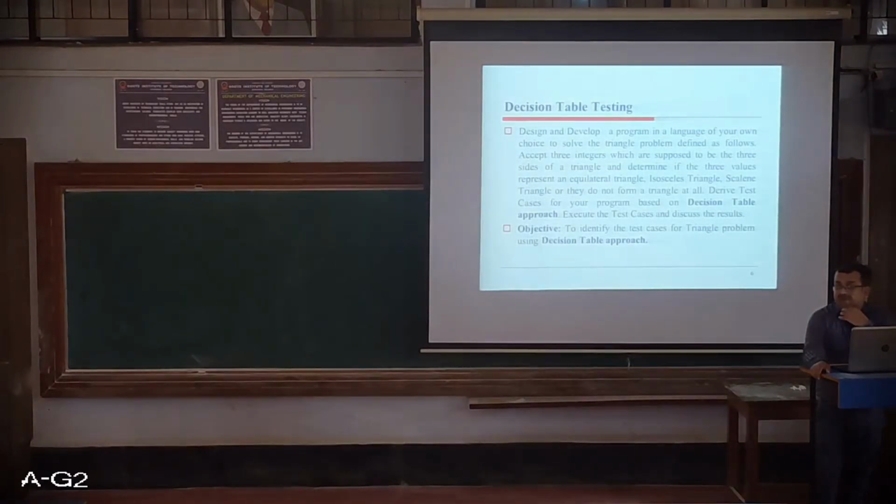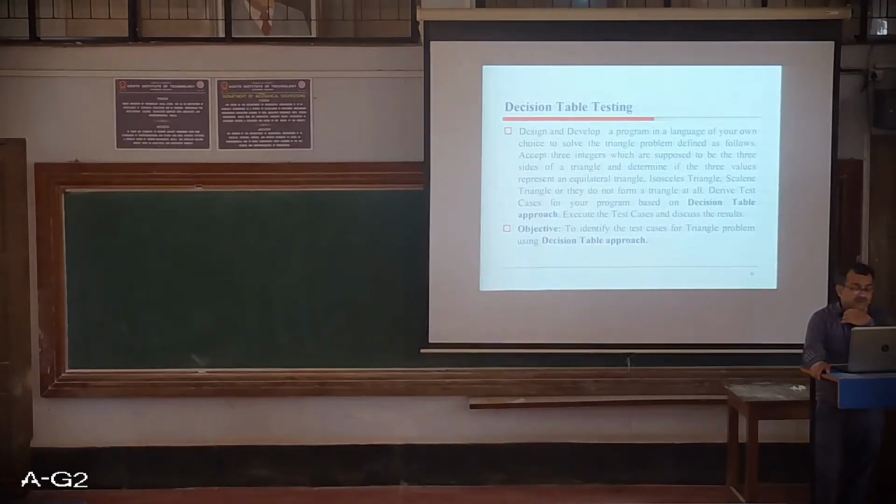If a triangle can be formed using those three integers, then we have to identify what kind of triangle it is, whether it is scalene, isosceles, or equilateral. So this is the problem.